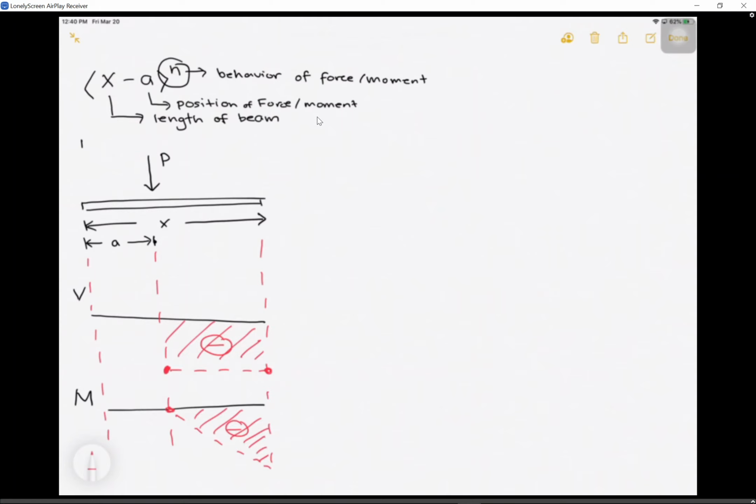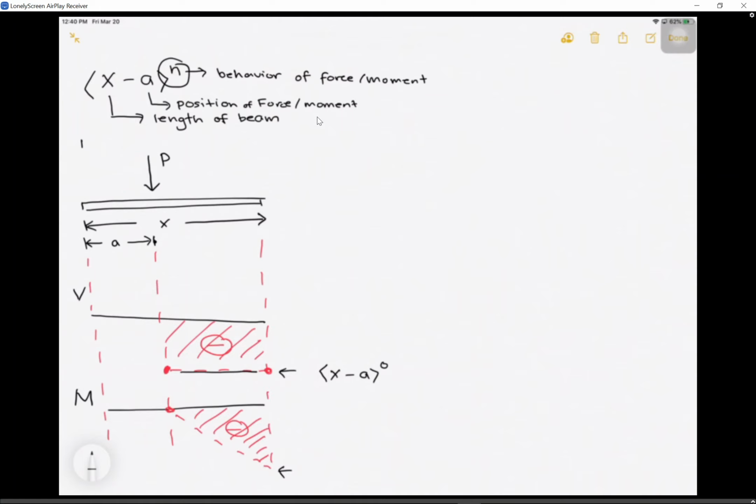Now for the singularity function, we can describe the behavior of our curve. What do we mean by behavior? It's these guys right here. If we write a singularity function for this one, we can define a straight line like this as x minus a raised to 0.